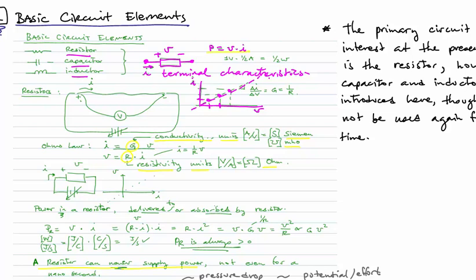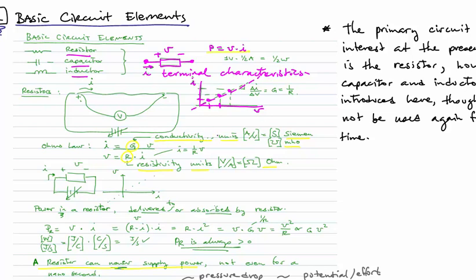And that's what's characteristic of a resistor as opposed to a capacitor or an inductor or any other element. The voltage and the current are proportional, and the constant of proportionality is related to the resistance of the element.